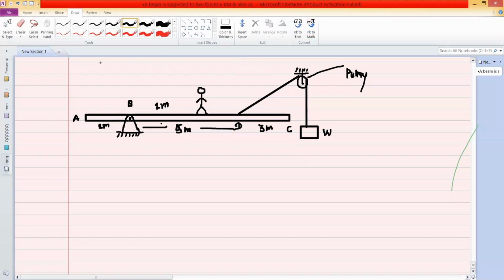Okay, we will solve one more problem on the beam. So you can draw this figure. The problem statement is: a man of weight 800 Newton, so approximately 80 kg, is standing on the beam ABCD, and the self weight of the beam is 2000 Newton.